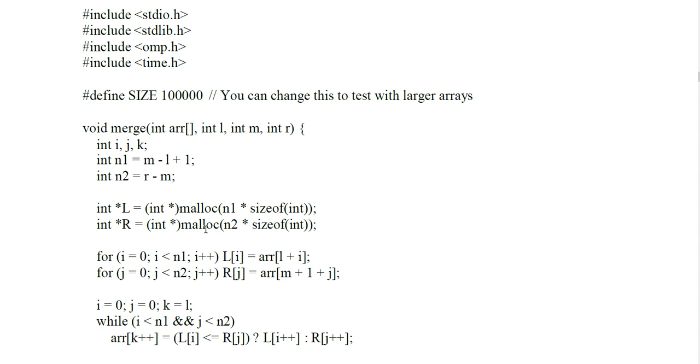The malloc function in C is used for dynamic memory allocation, allowing a program to request a block of memory from the heap during the runtime. This is in contrast to static memory allocation, where memory for variables and arrays is fixed at compile time.